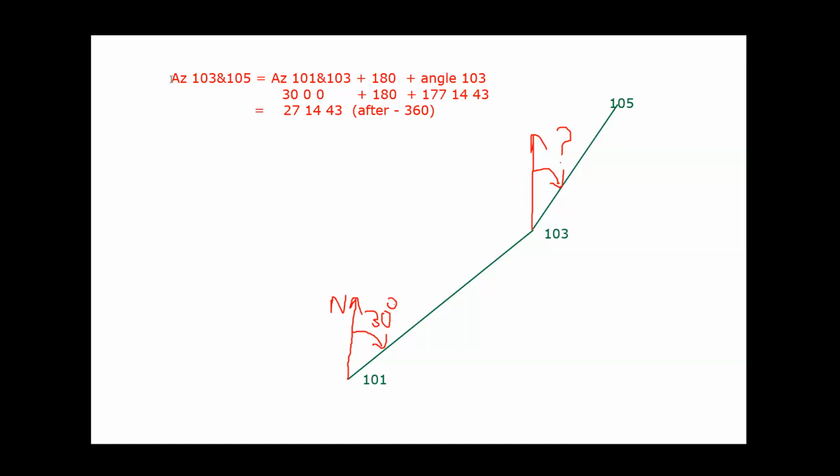If you'd like me to do another one, I can do this. Let's say the next one, azimuth of the next line, that is 105 to, that's maybe a better symbol here, to 107, equal azimuth of 103, 105 plus 180 plus the angle that I'm working with, which is angle 105, because the angle between the two lines is just the common angle.